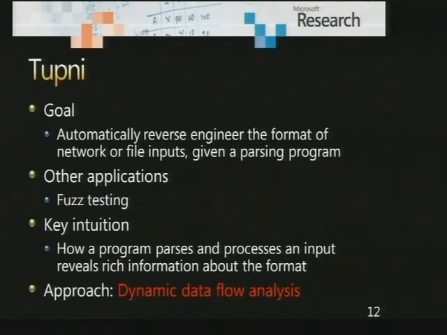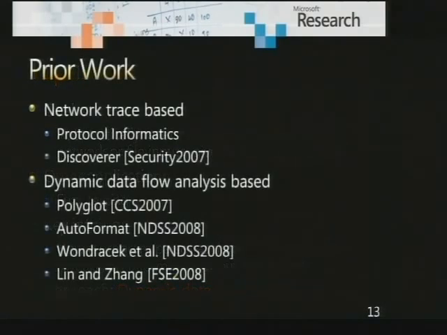The key intuition behind Tupni is that how a program parses and processes input reveals rich information about the format. Based on this intuition, our approach is to use dynamic data flow analysis, as I explained earlier. There has been a bunch of work trying to solve the problem of reverse engineering the input format. It starts from network trace based work, like Protocol Informatics and Discoverer, which look at the network trace.